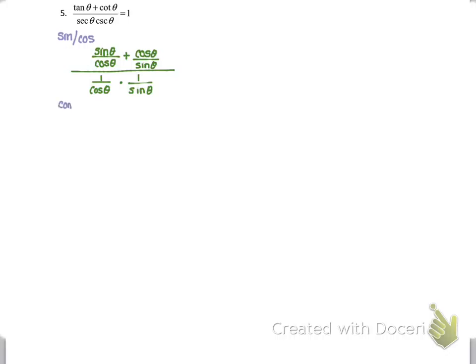So the next step is to find a common denominator. And this is referring to my numerator. So what I'm going to do is just kind of go back up and multiply. The common denominator is going to be cosine times sine. So all the way on the right, I need to multiply it by cosine theta over cosine theta. And on the left, I'm going to multiply it by sine theta over sine theta.